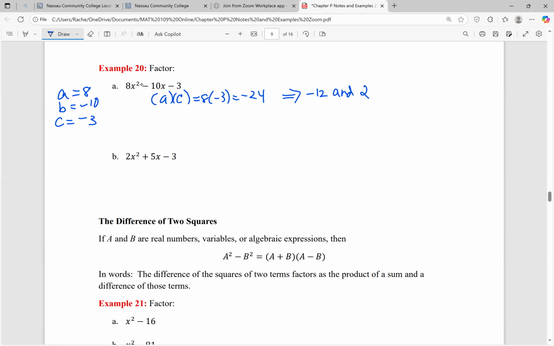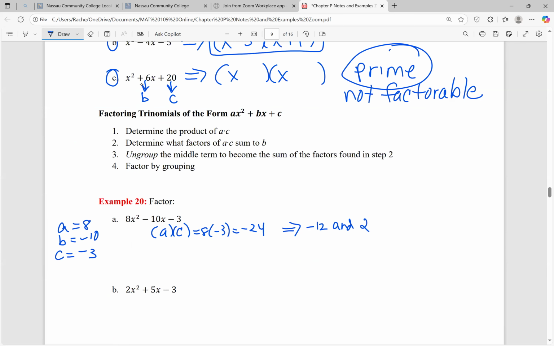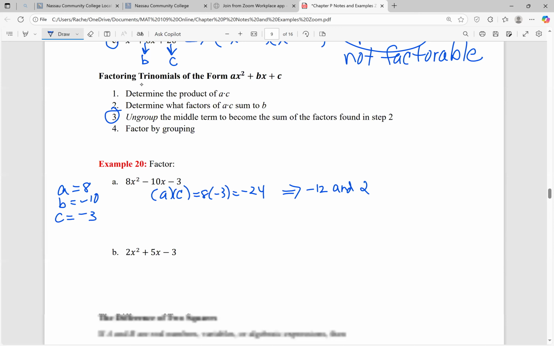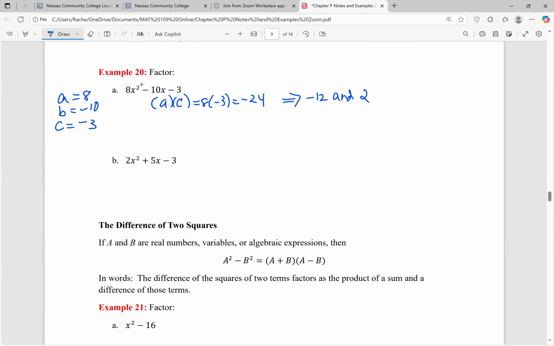So this is what we're going to do. We're going to ungroup, just like I said up here in step 3, the middle term to be the sum of the factors that we found in step 2. So the two factors that I found are negative 12 and 2. So I'm going to write the first term, which is 8x squared.